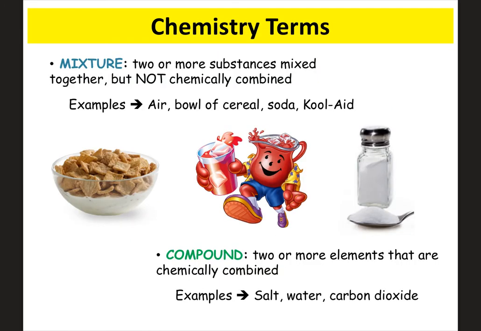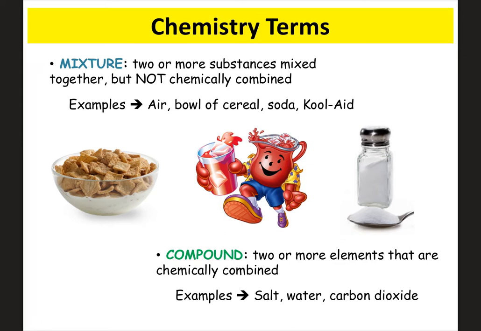Since chromatography is a chemistry technique, it's important that we review some of these chemistry terms. A mixture is when you have two or more substances combined, but they're not chemically combined. They're only a physical blend, so they can be separated by physical means. Air is a mixture of different compounds, as are a bowl of cereal and Kool-Aid. These things can all be separated.